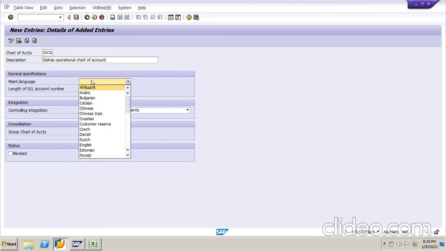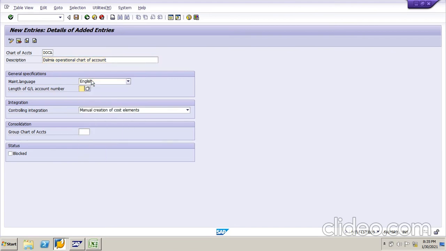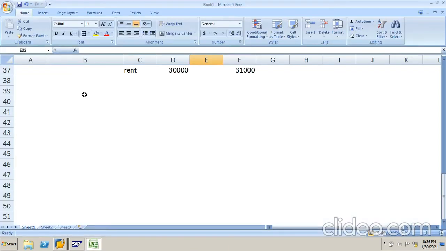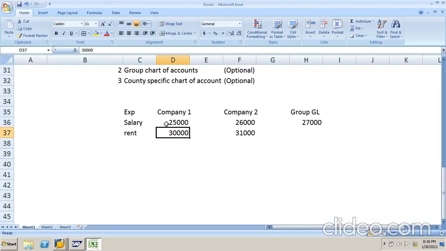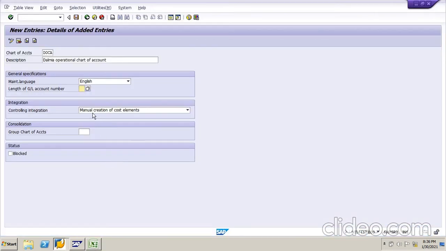Maintain language English. Length of GL account number. Length of GL account number means, suppose here this is the length. See the how many digits? 1, 2, 3, 4. We have given 5. So like that, what is your GL length? So I'm giving 6. 6 is enough.